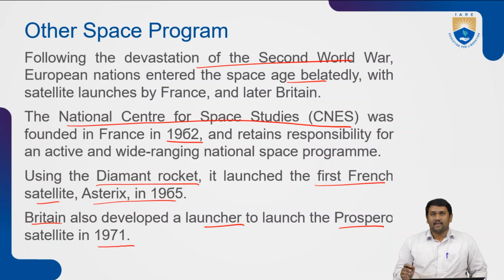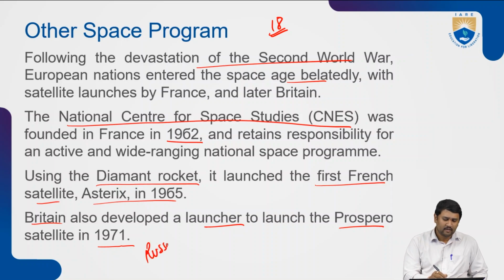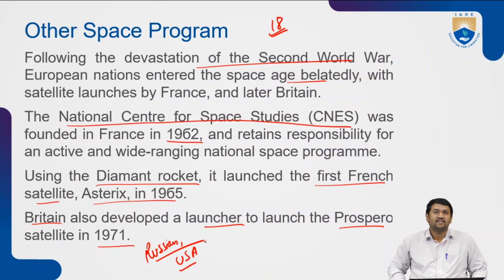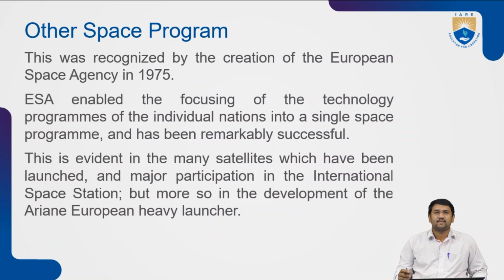Now, comparing the European space program, particularly the European nations, which are totally 18 states, with your Russian and US programs, these individual states are unable to compete with respect to their space programs.